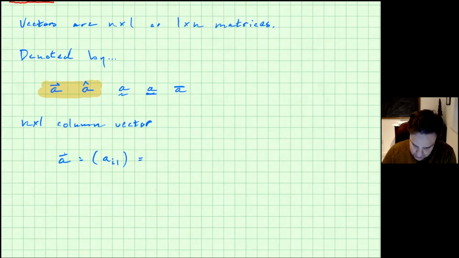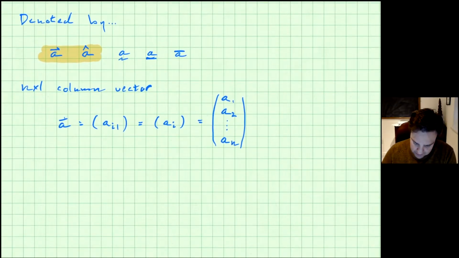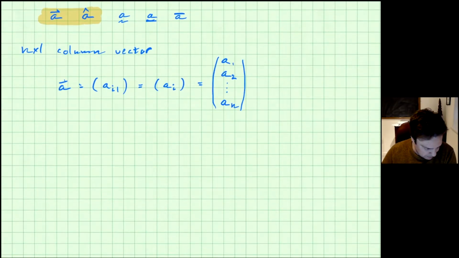But usually you don't put an index for the 1 because it's redundant for a vector. And so you might say the collection of A sub i's. For a column vector, they look like this: A1, A2, and then a bunch of space, other ones, and then down to An. So that's a column vector with the elements of A lined up in a column.